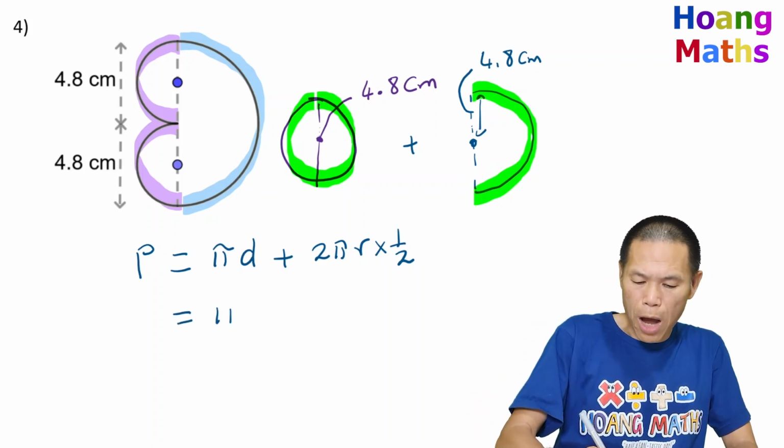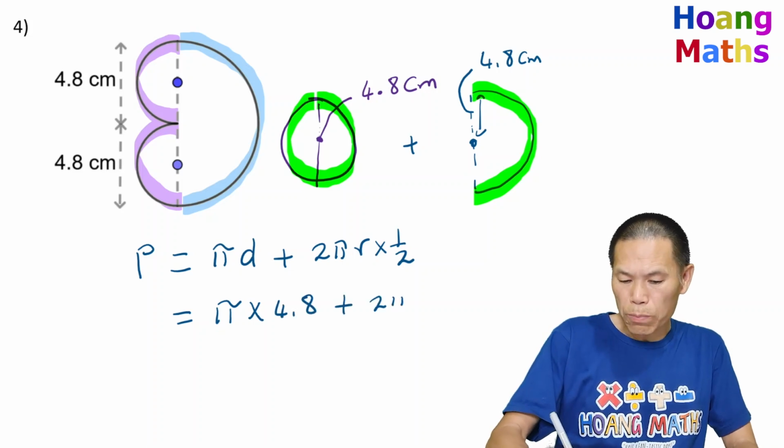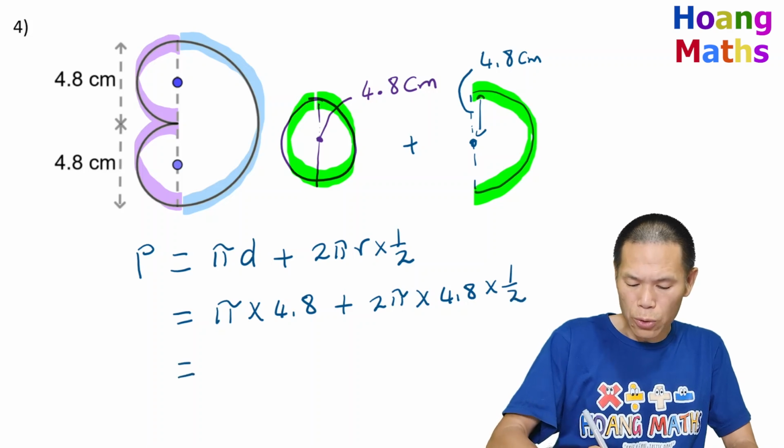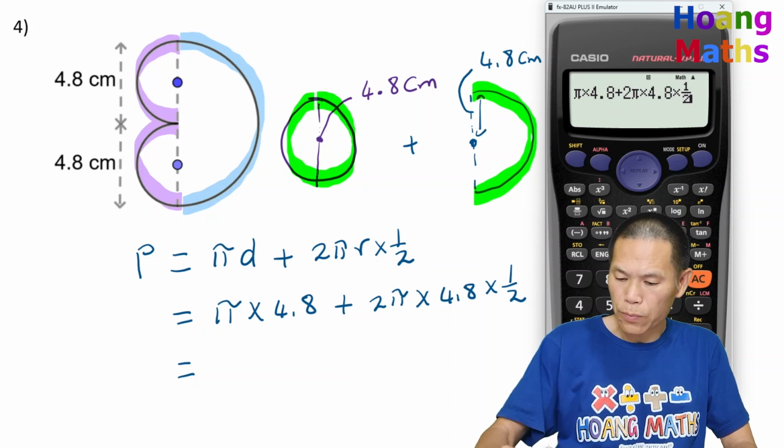So equal to pi times 4.8, the diameter, we add 2 pi times the radius, so that is 4.8, and we times a half. That is equal to, so shift pi times 4.8, and we add 2, shift pi times 4.8 times 1 over 2.